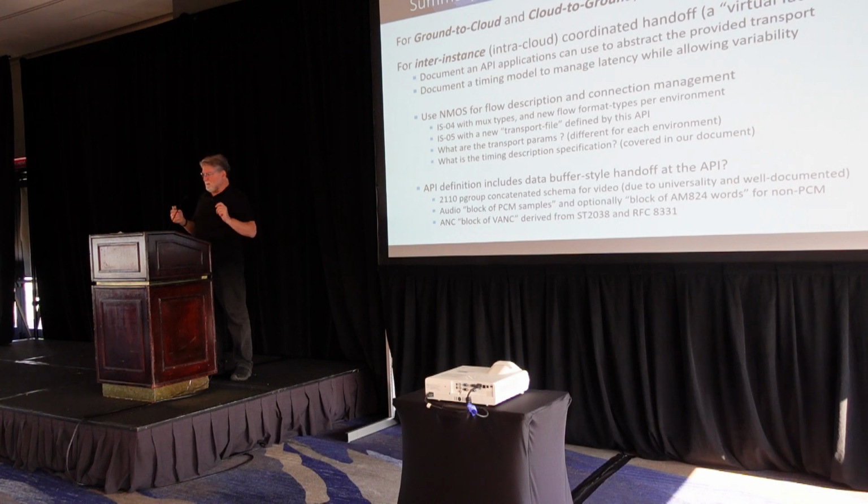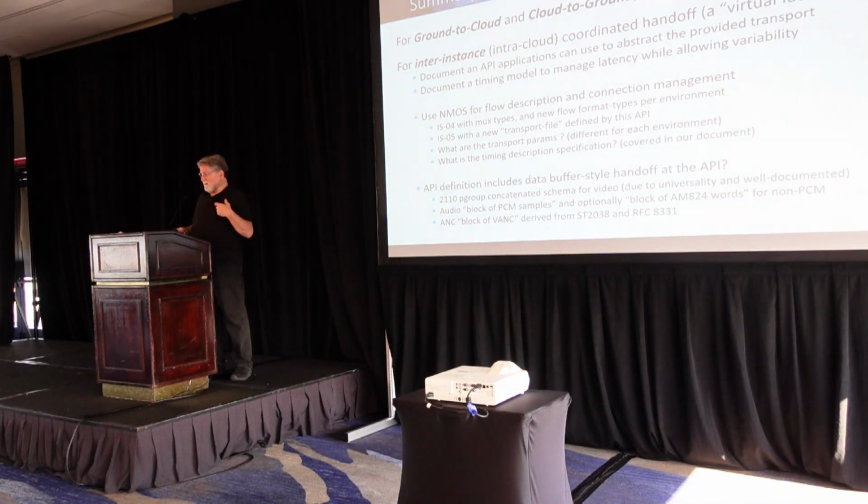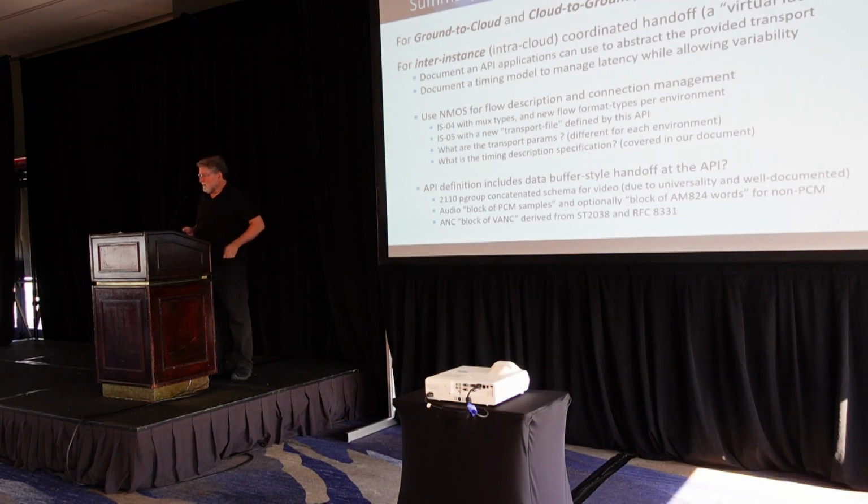And this API definition includes how are the pixels organized so that applications can drop it in. We have a default method that is basically the 2110p group schema, but we do have methodology where you could offer and ask some more complicated thing if you want.